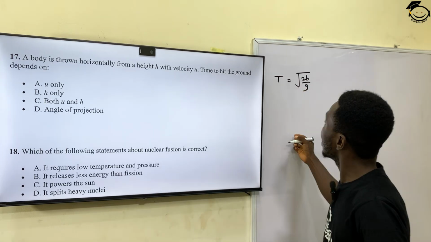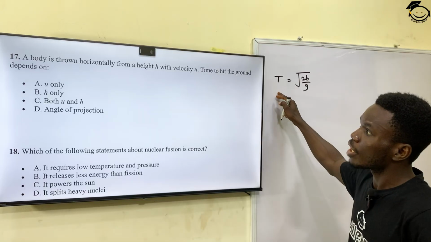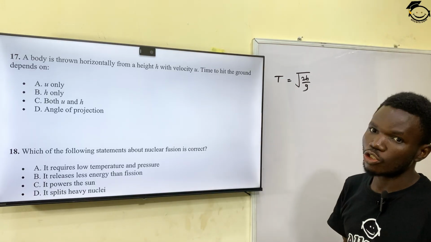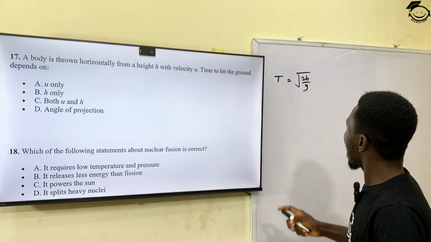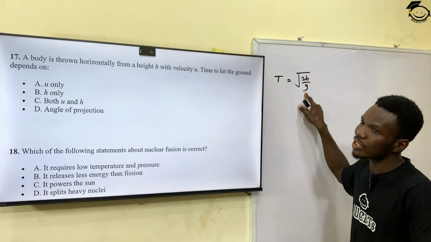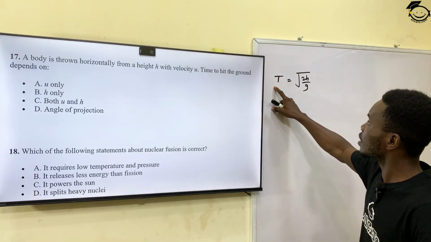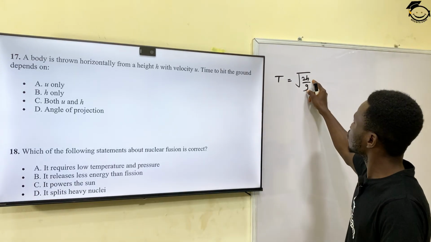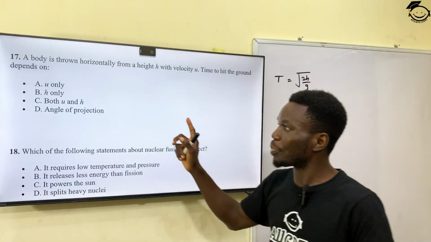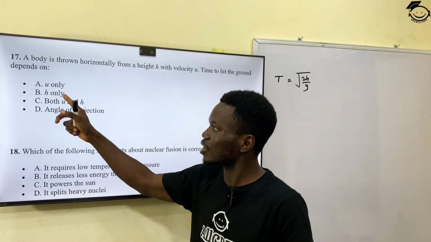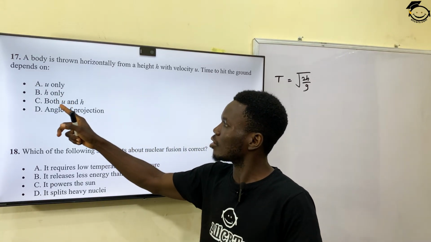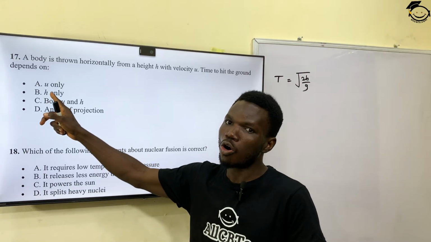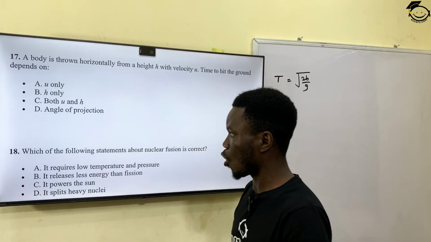So this is the formula that we use for calculating the time it takes a body to hit the ground when it is thrown horizontally. And looking at this, you know that our g is a constant. So automatically, the time it takes for the body to hit the ground depends only on one particular factor, which is the height. So it depends only on the height, not even on the angle of projection, and not on the initial velocity, but on the height, which is option B.